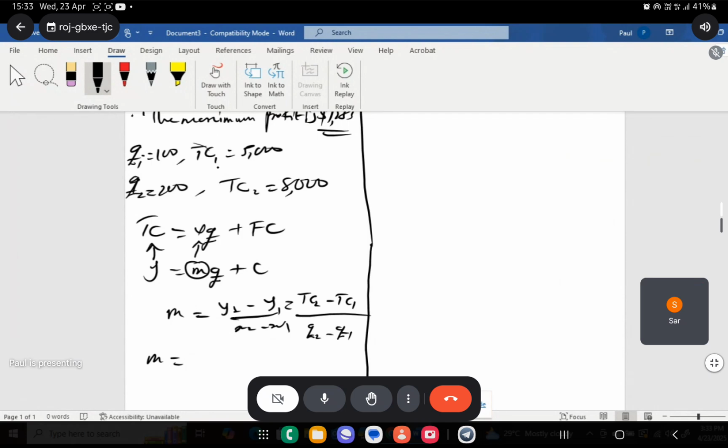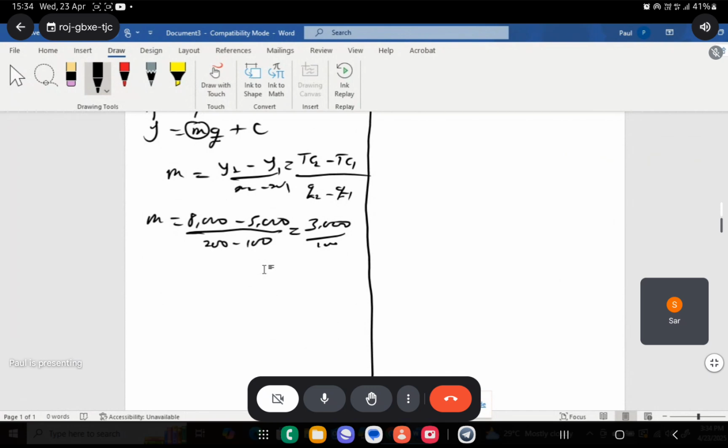So what's our total cost? 8,000 minus 5,000, all divided by 200 minus 100. And we get 3,000 divided by 100. So what's our M? 30, because this is 100. 0 cancels 0, another 0 cancels 0, so we get 30.